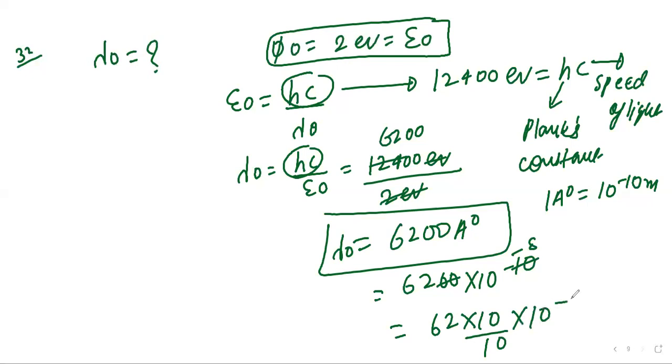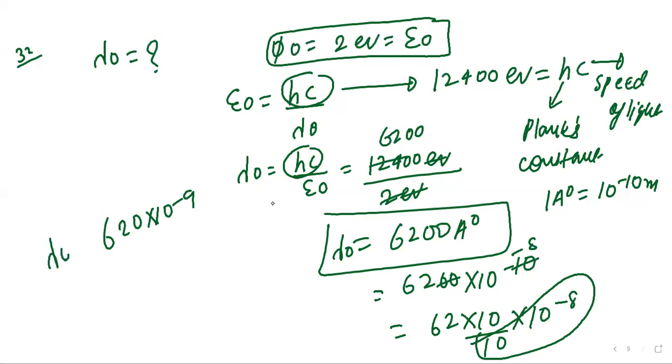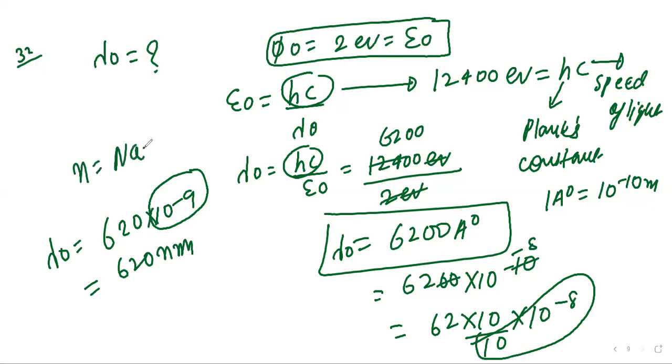After solving, 620 into 10 raised to minus 9 is equal to the threshold wavelength. 10 raised to minus 9 is called nanometer, nm. This is your threshold wavelength. Write it down first.